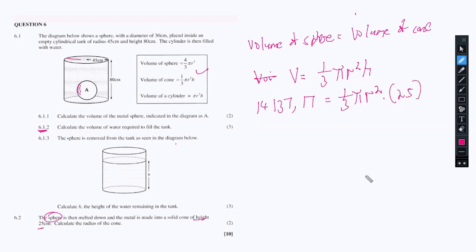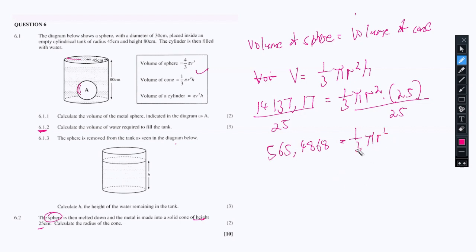So at this point, what must I do? I can start dividing both sides by this 25 here. So it's going to be 14,137.17 divided by 25, which will give me 565.4868 is equals to 1/3 pi r squared.